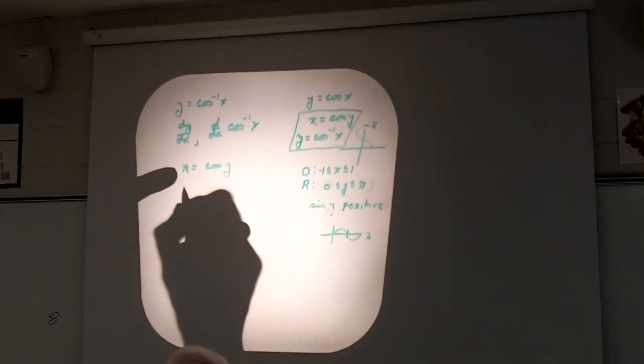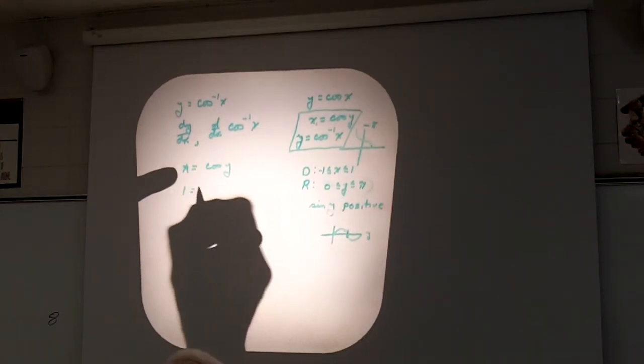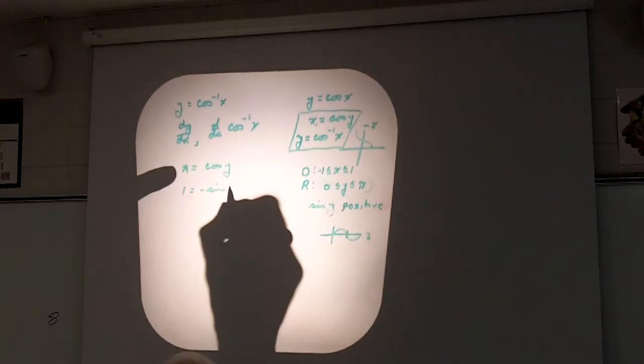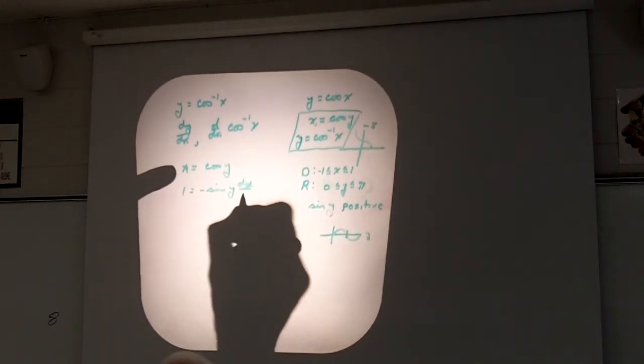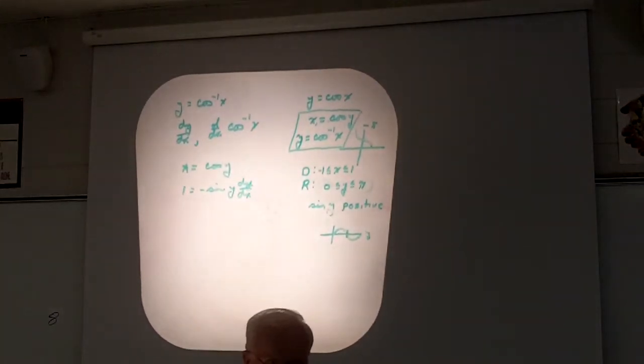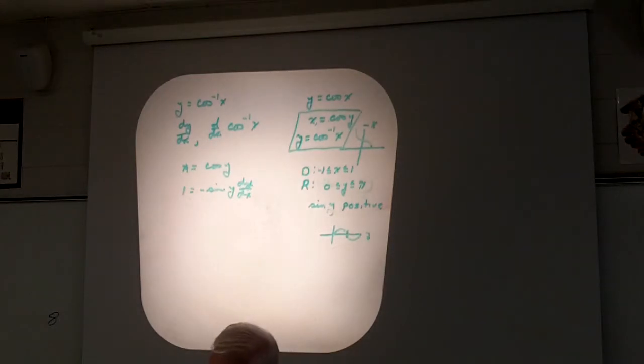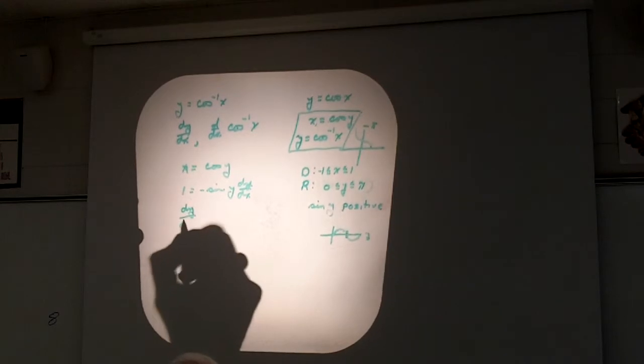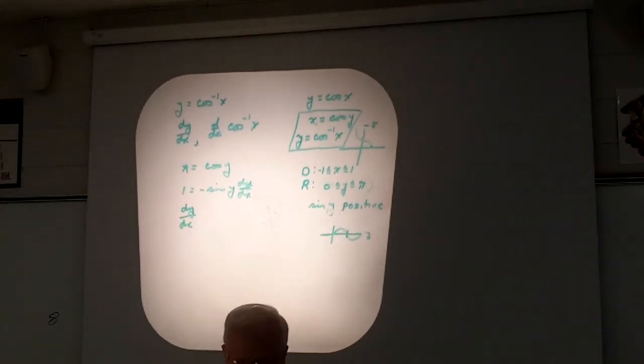The derivative of this is 1 explicitly equals what? Negative sine of y times dy/dx. Very good, Grant. You with me on that? So dy/dx.